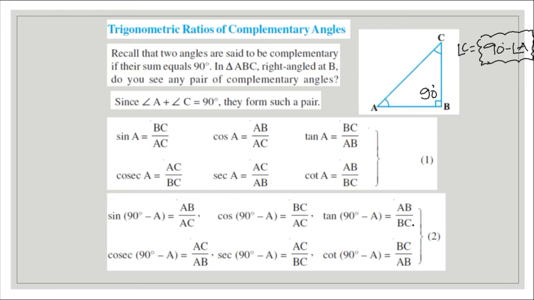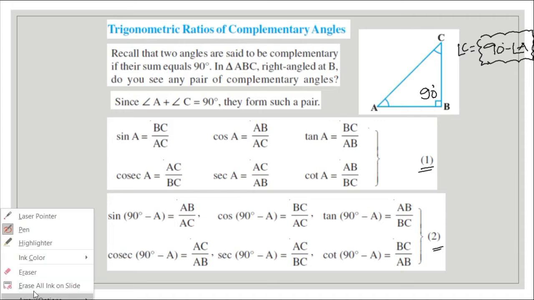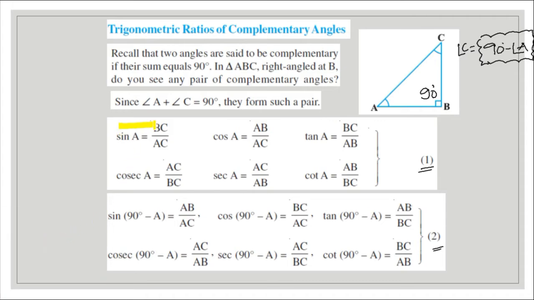Look at equation 1 and equation 2. What do you observe? BC by AC is sine of angle A, which is the same as cos of 90 minus angle A. These two angles are complementary angles.